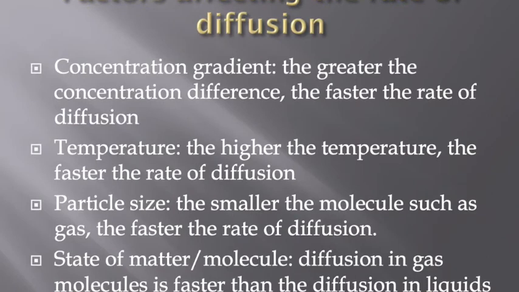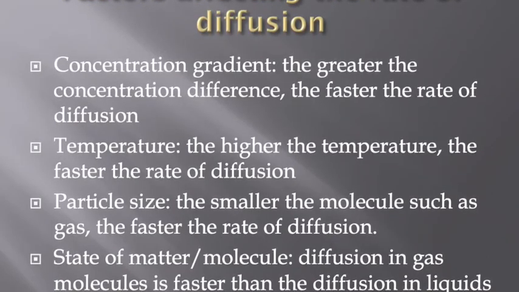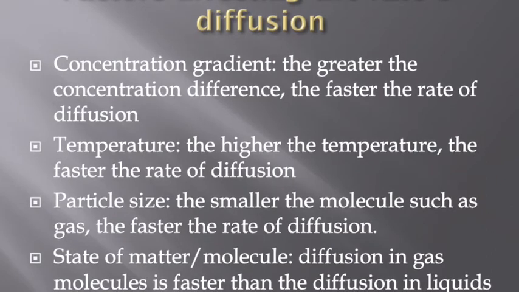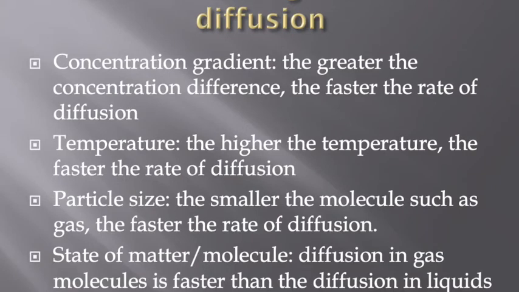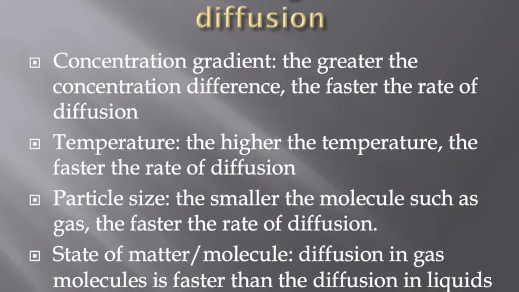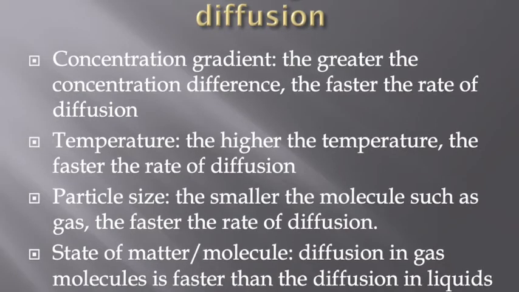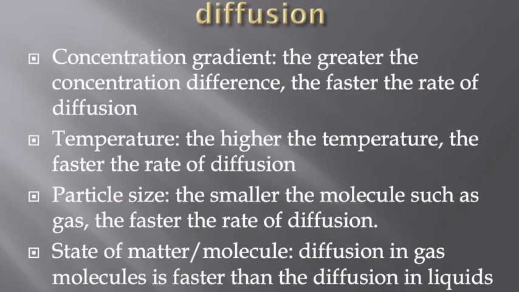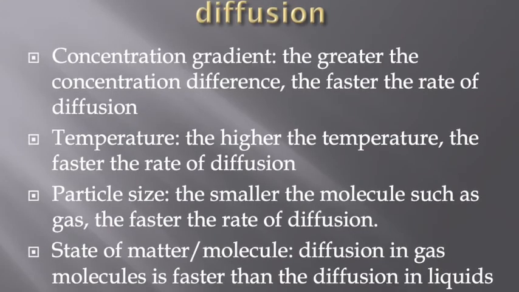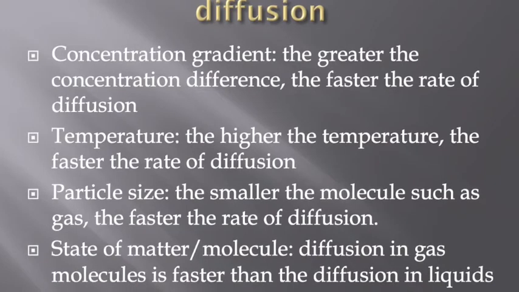Another example of a factor that affects the rate of diffusion is the particle size. If you have a smaller particle size, it would be able to move faster in a solvent, unlike a bigger particle size.